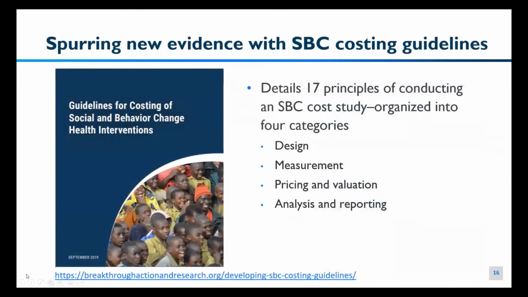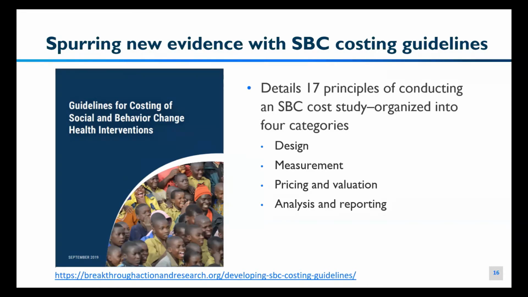Then let's go to the second bucket of activities, which was generating new evidence. Now, as part of the Global Health Cost Consortium, one of those products was the guidelines for costing global health interventions in general. So under Breakthrough Research, we adapted those guidelines to costing SBC health interventions.